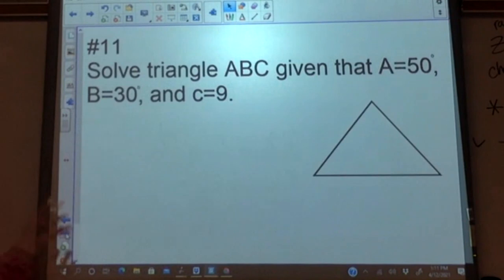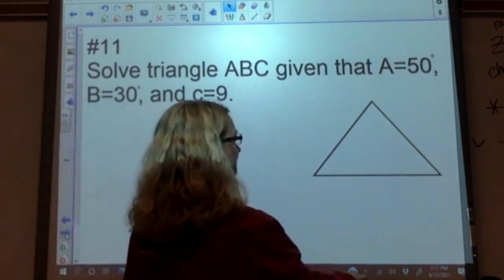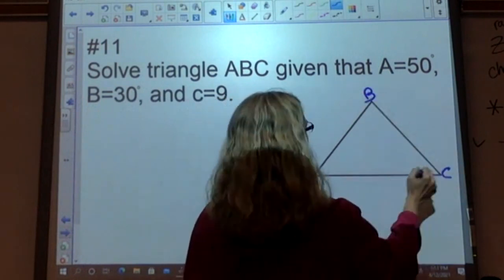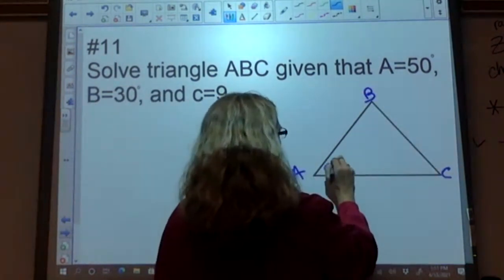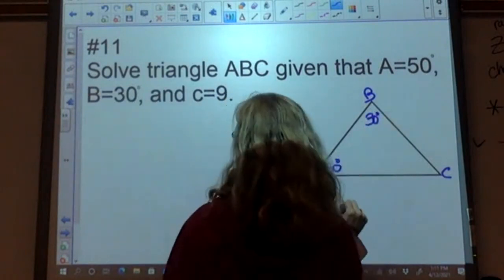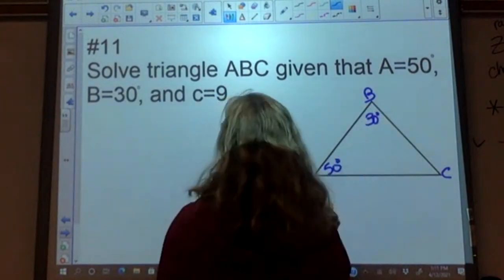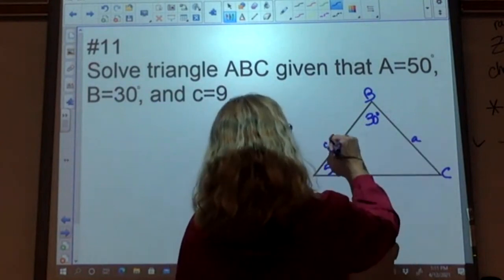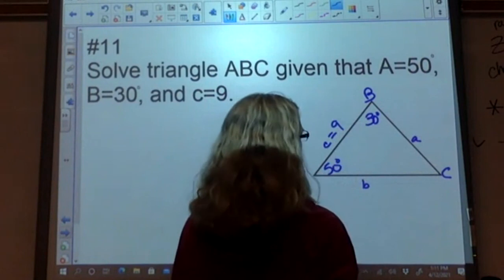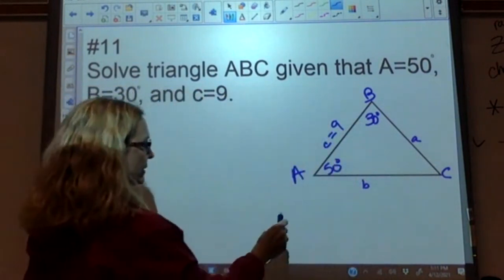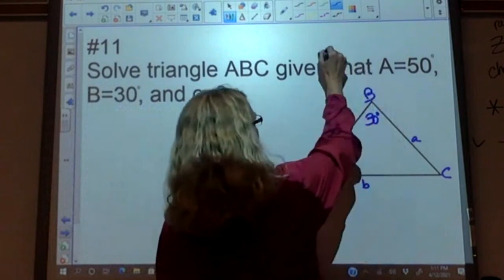All right, and then we'll work one where you're actually solving the triangle. And so they've given us this one. I call this A, B, C. This is 50 degrees, 30 degrees, so not drawn to scale, obviously. And so this would be B, A, C, which is 9. If I want to solve this, this would be angle side angle.